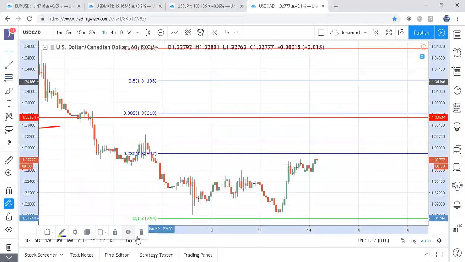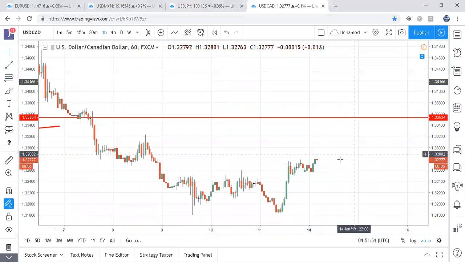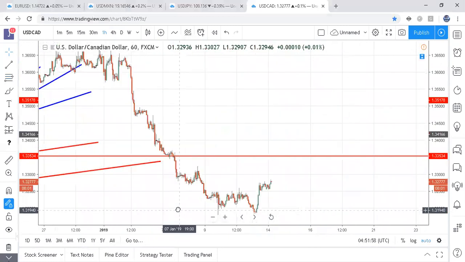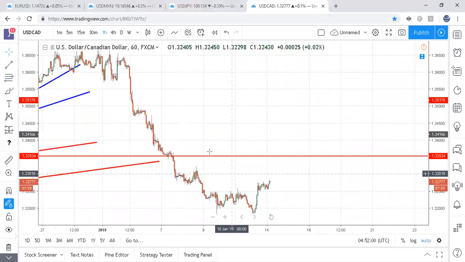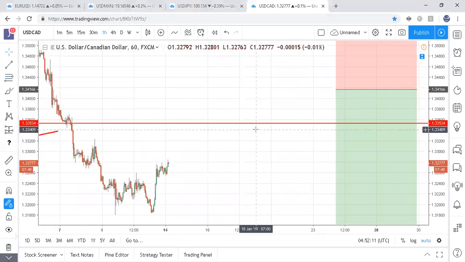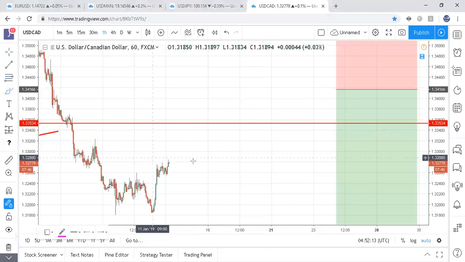All right, so I believe it is in a retracement now, and I believe that it will end up around that zone that we had said.